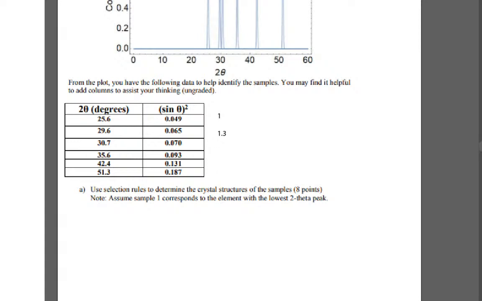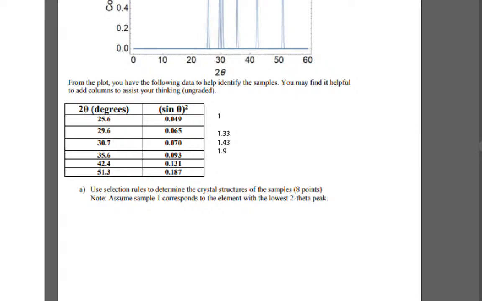0.07, that's 1.43. This guy here is actually 65, 1.33. Okay. And so the bottom side there, 93, 1.9.